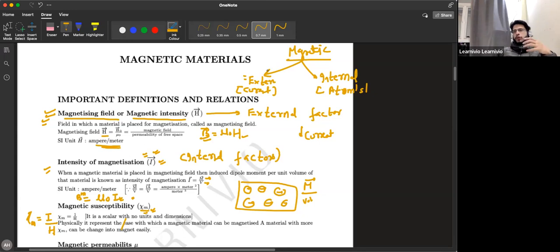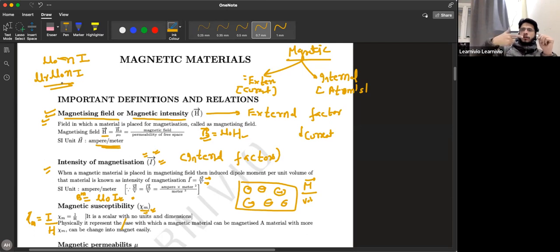If you remember, when we take a solenoid, the magnetic field for a solenoid was mu naught N i. This was for a solenoid when the core was air. But when we placed an iron piece into the solenoid, we write this as mu r mu naught N i. Magnetic field increases. So from where does that extra magnetic field come from? That comes from the atoms of the material.